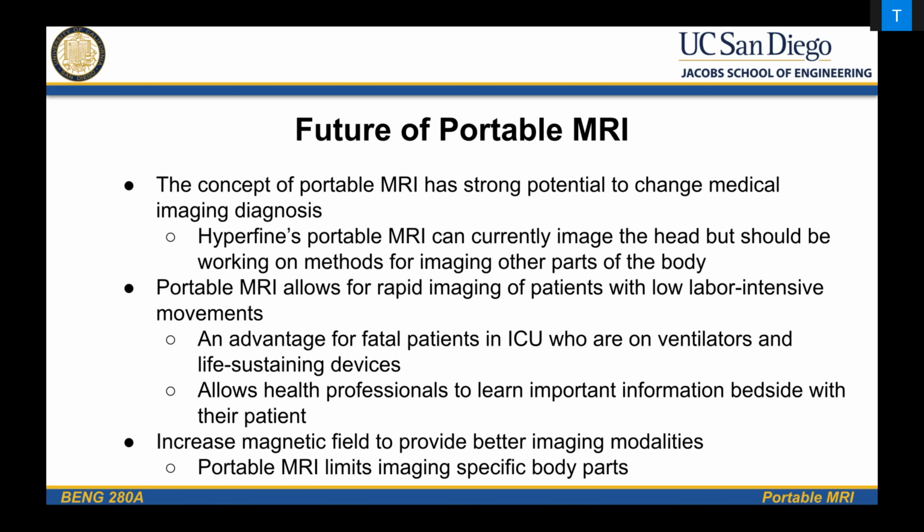This is an advantage for fragile patients in the ICU who are on ventilators and life-sustaining devices. It also allows health professionals to learn important information at the bedside with their patient. And lastly, if you were to increase the magnetic field, you could provide a better imaging modality. Portable MRI is limited by imaging specific parts of the body, and so if they're able to image the entire body at once, they would provide the next step in this technology.